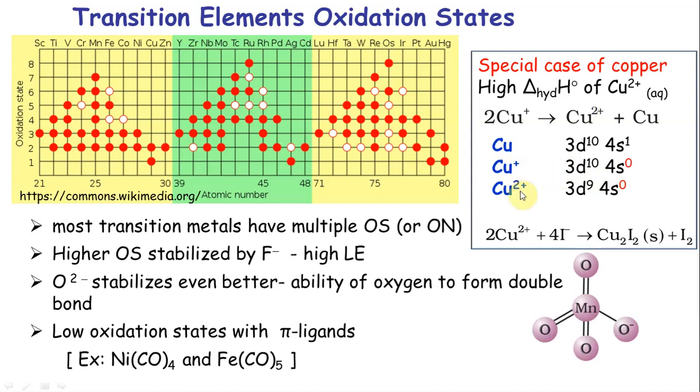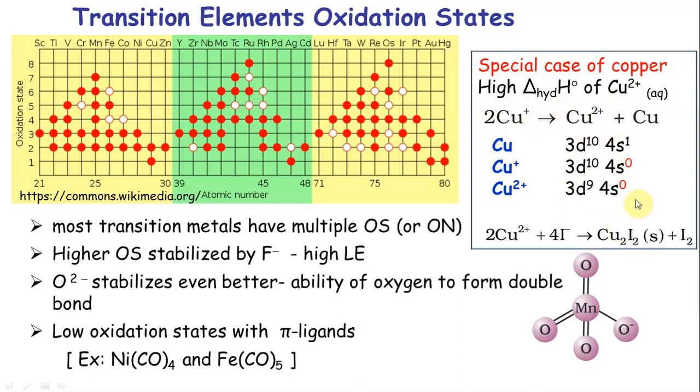But if I were to ask you to tell me a compound of copper, the most common answer I would get is copper sulfate. That is 2 plus, not 1 plus. So what gives? See, this is d10. Symmetry is destroyed. So the amount of stability you gain from symmetry is offset by the high hydration energy of copper 2 plus. Because of that, copper is different.